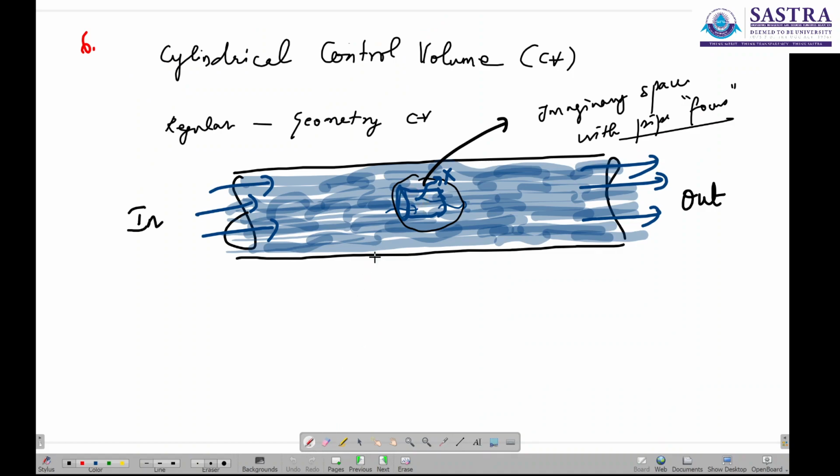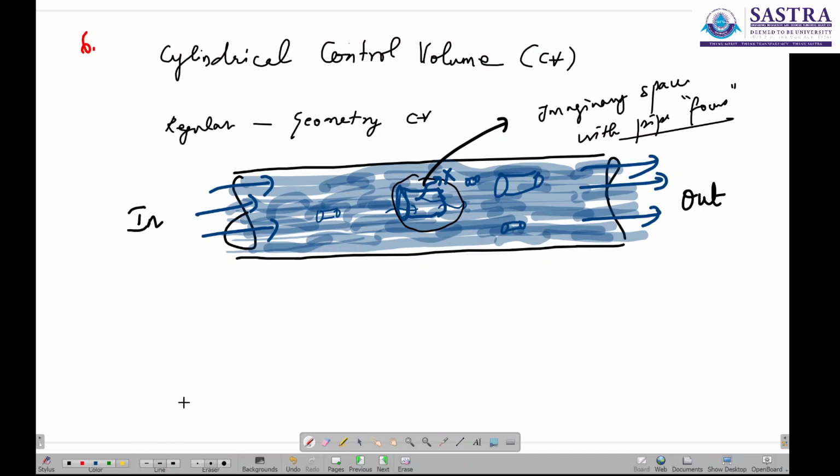It's not only for this control volume that our equation should be valid. Even if we take a small control volume like this, or a control volume here, or this, or a very small control volume, no matter what the actual size of the control volume is, we want this equation to be valid.